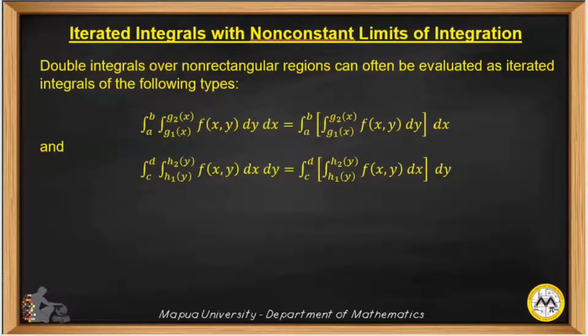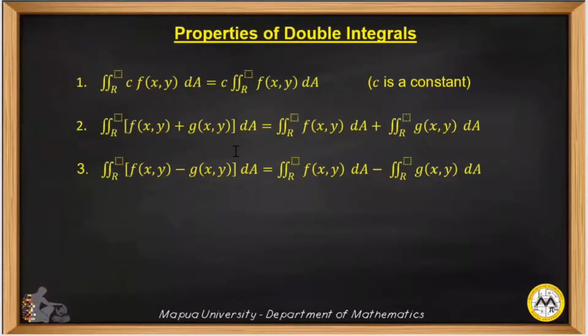Now, before we start with some illustrative problems on how to evaluate iterated integrals, let us go over the different properties of double integrals, which are in a way similar to the properties of an ordinary definite integral.